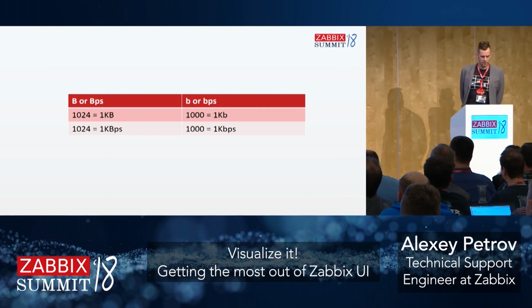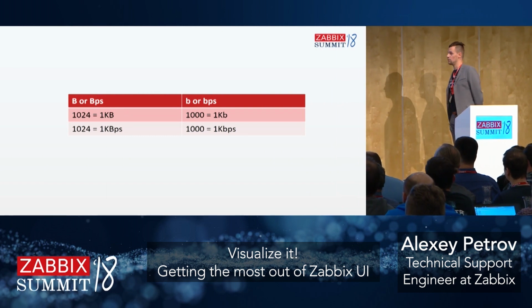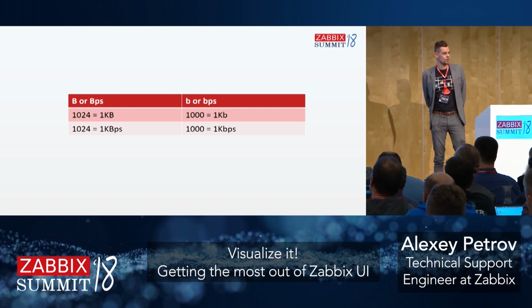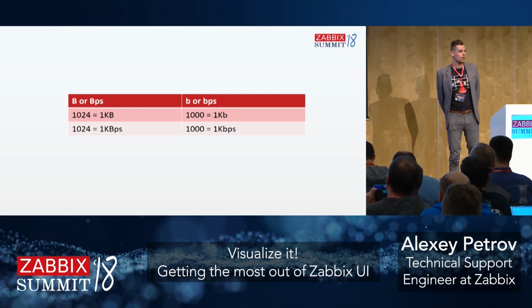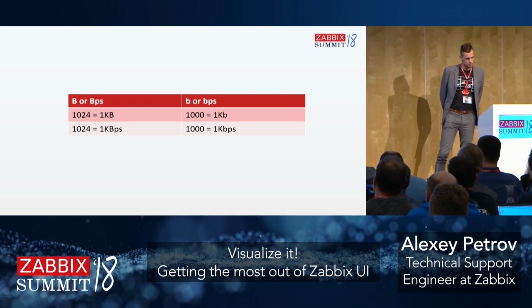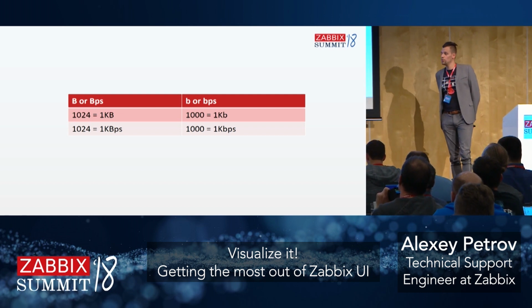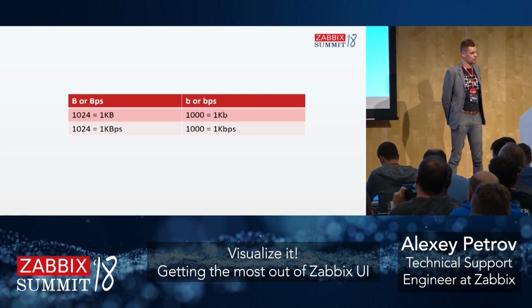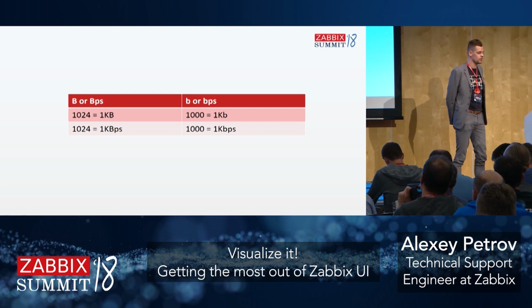So let's deal with the capital Bs and the small b's, and the BPS. What is basically the difference? The next step will be applied after 1024 if you use capital B or BPS in your units.